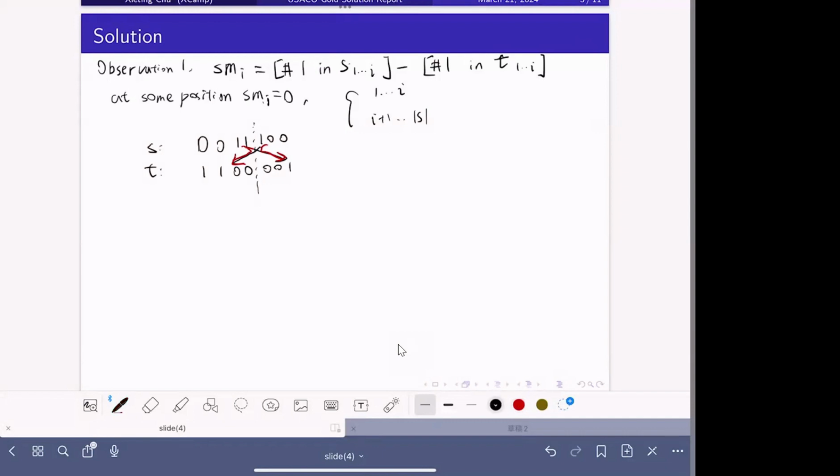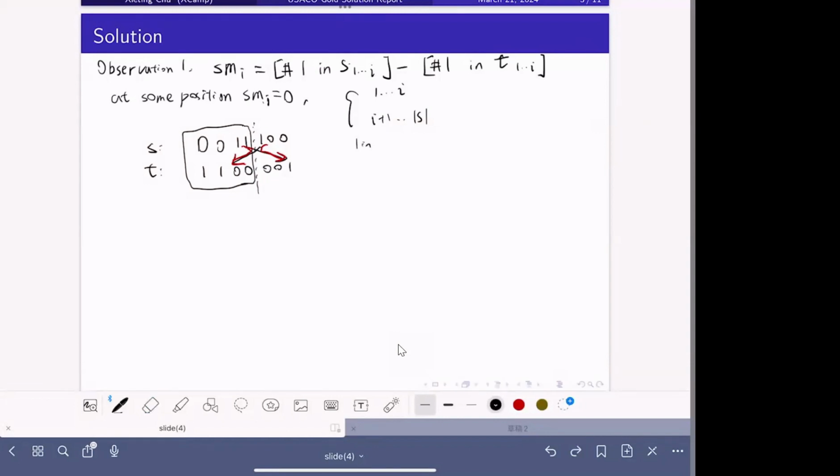And what is the benefit of this? After we split the problem, in each part, the ones in S are either all to the right of the ones in T in the corresponding positions, or all to the left.